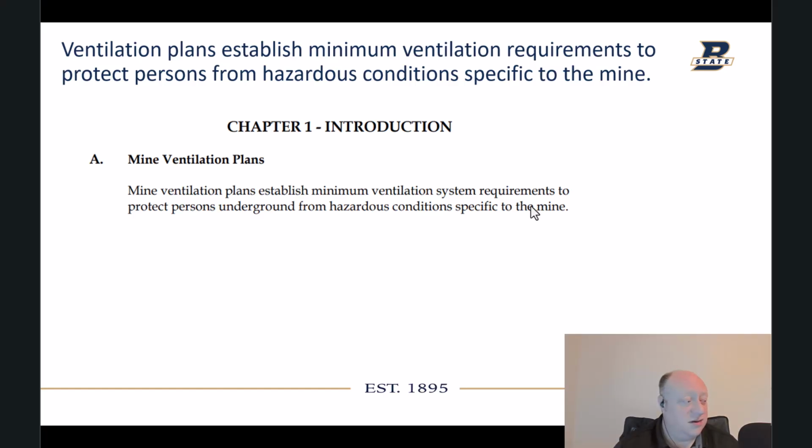For example, 3,000 cfm at the face for a room and pillar section, right? Or something like that. There are certain minimum standards, but a lot of mines, because of specific conditions, need additional ventilation or something like that. So it's mine specific, right?